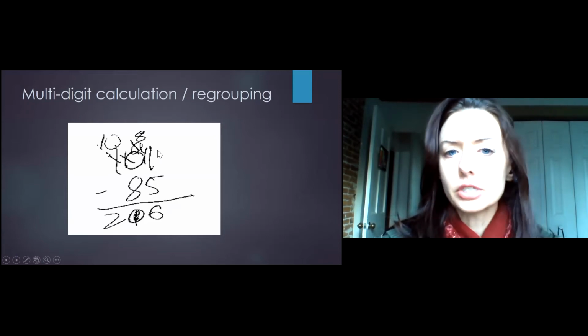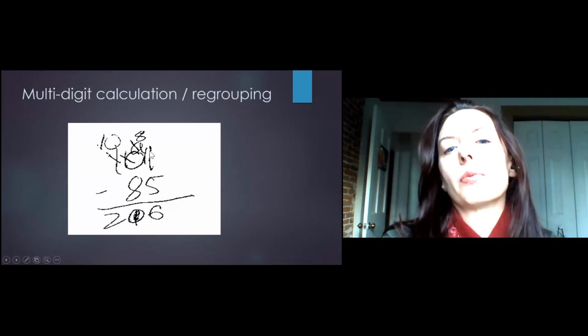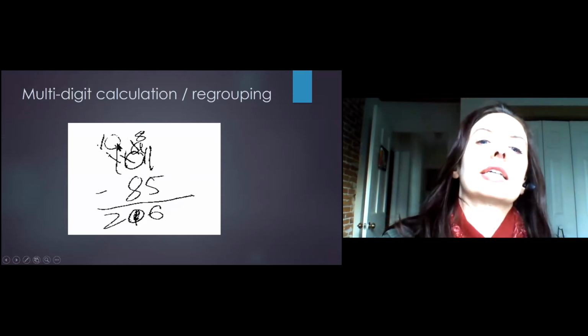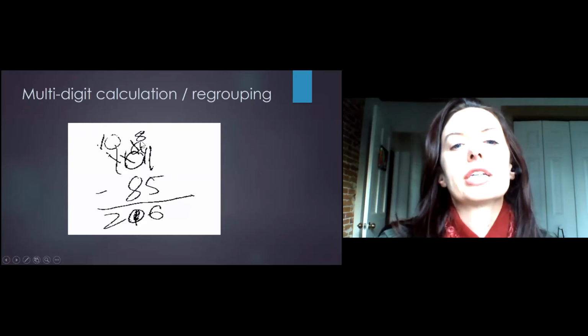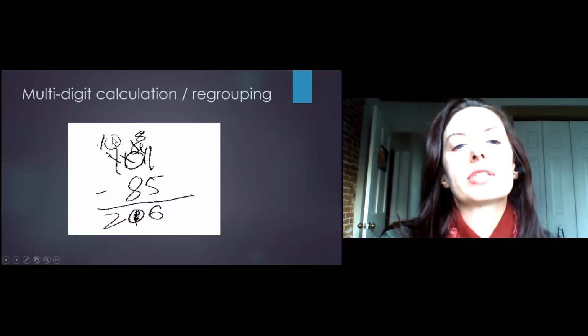She regroups in the ones place, and then the tens, and then the hundreds. What she did here is she did 8 minus 8 is 0, and then she regrouped and made this a 10, and then did 10 minus 8 and got 200.